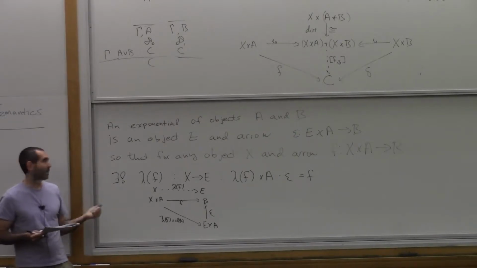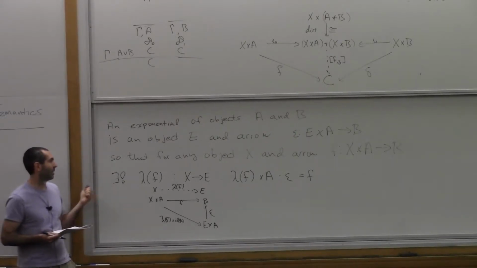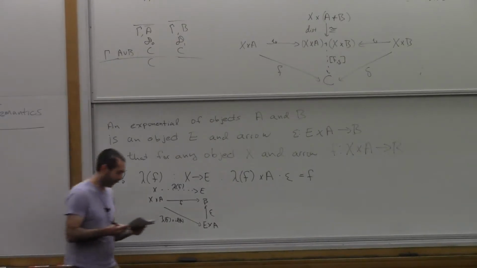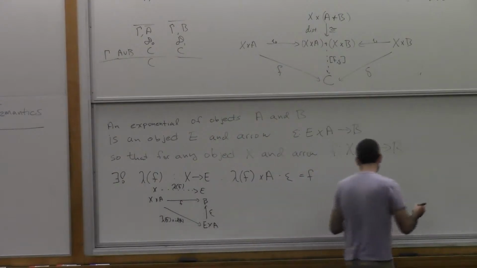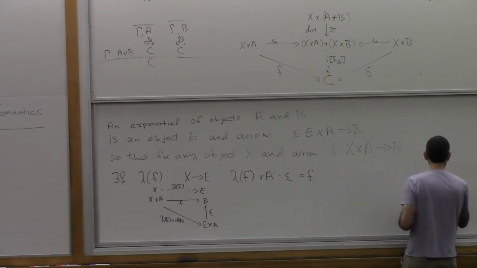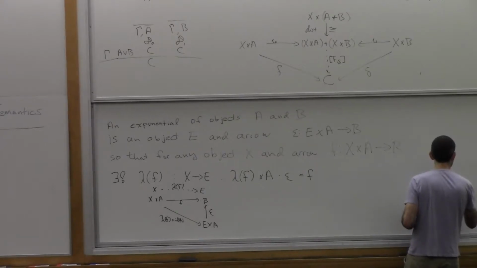So do you see why this behavioral characterization of a universal construction, why function currying is an instance of this, why it's something familiar? Okay, so in this case, the map epsilon is called the evaluation map.